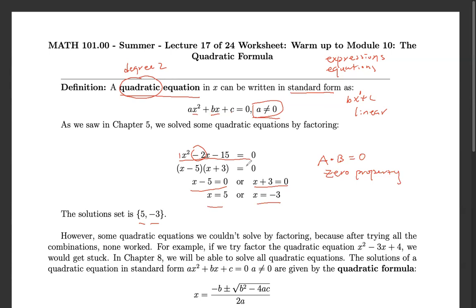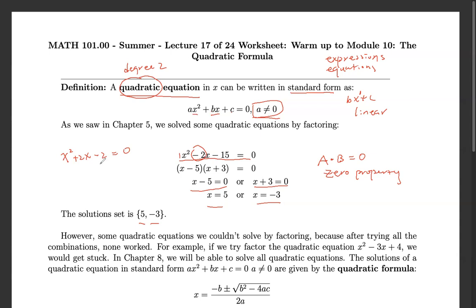But not all quadratic equations can be put in a factored form. So what happens if we cannot factor a quadratic equation? Let's see, if we have x squared plus 2x minus 2 equals 0, we will not be able to put this in a factored form.